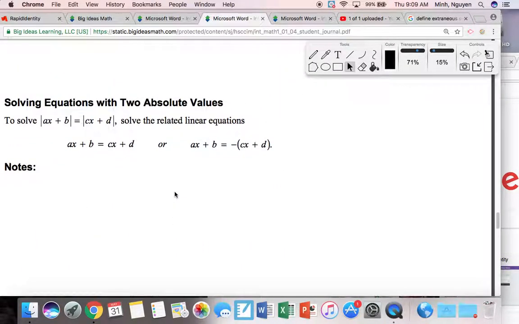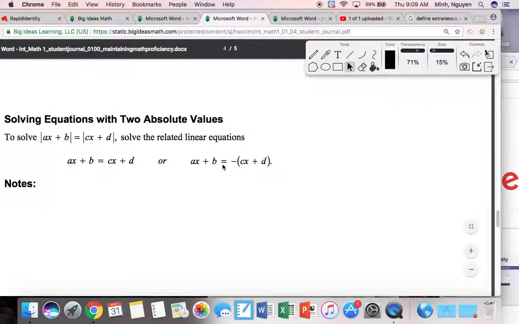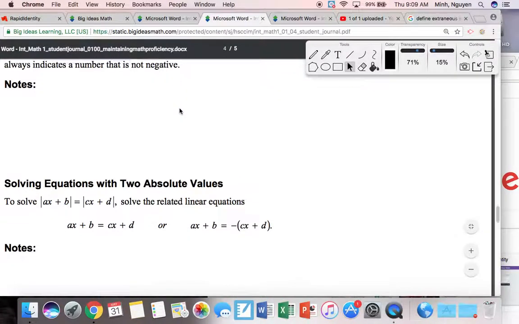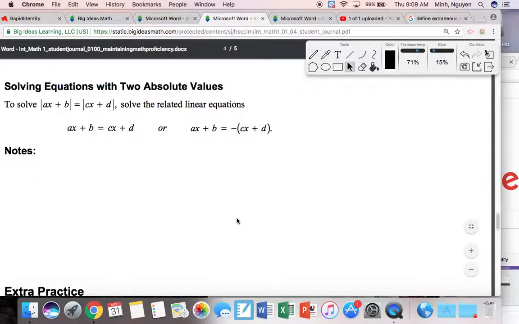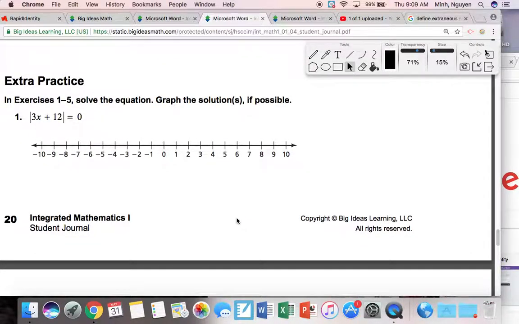For something that's extended like this, make sure that whatever it is, cx plus d, is in parentheses. You'll have to make the whole thing negative, not just the cx part. So again, positive version, negative version, but the whole expression has to be negative. So I have 3x plus 12 equals 0.